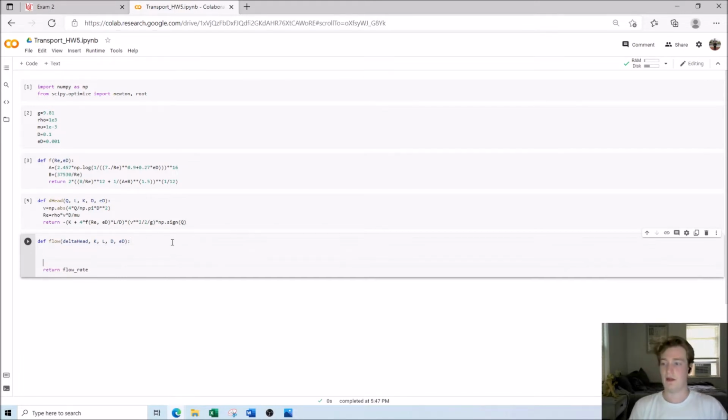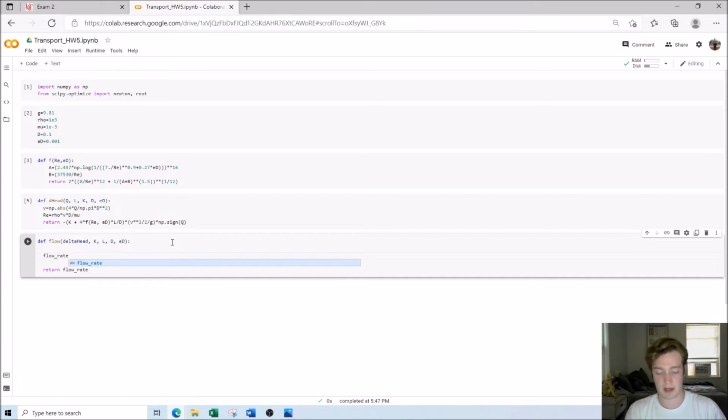All right. Now this function will actually be our first instance of using a numerical solver in this question. We're going to use the Newton solver where we take two values that we want to be equal to each other, and we subtract them from each other, and we try to get that difference as close to 0 as possible. So if we take a look at what we want to do, we'll just call this the flow rate.